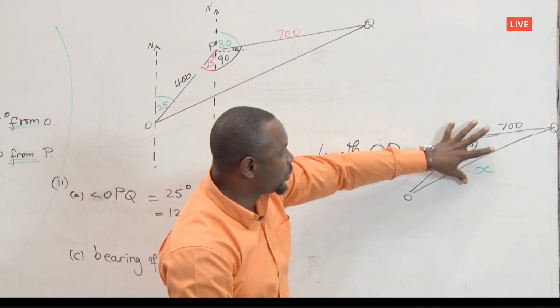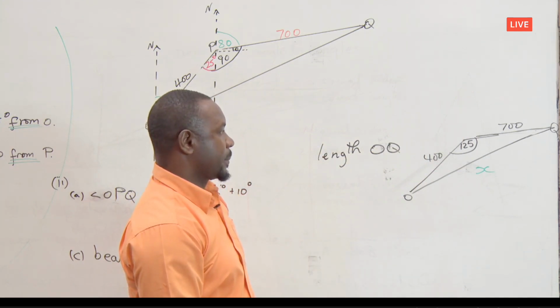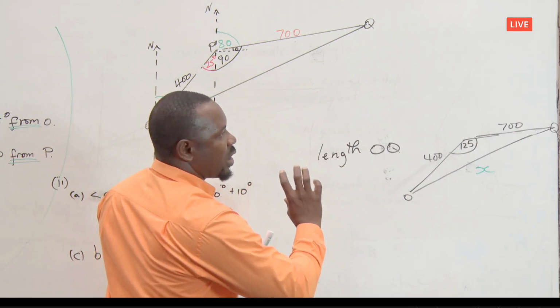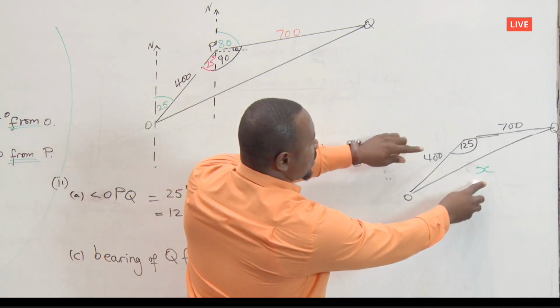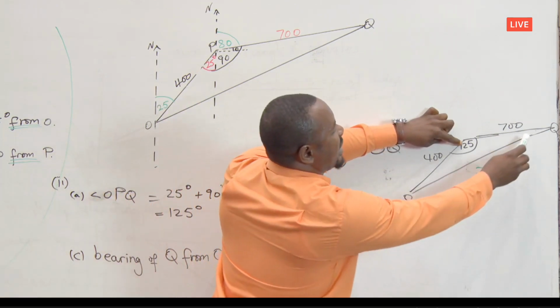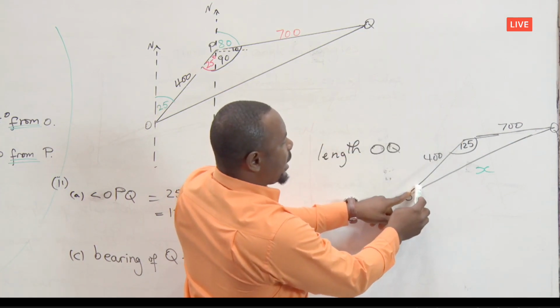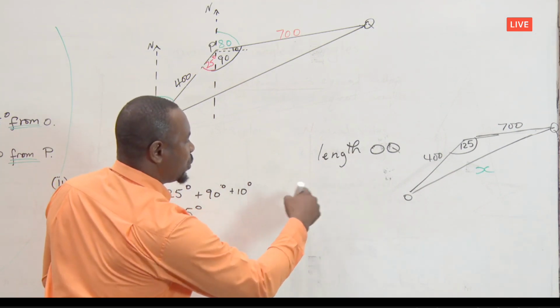If we use the sine rule, we'll see that we're going to have more than one unknown to find, because there is not a complete ratio with the length and the angle for the length. Look, X over sine 125. We don't have an angle there to go with 400. We don't have an angle here to go with 700. So the only rule possible would be the cosine rule.